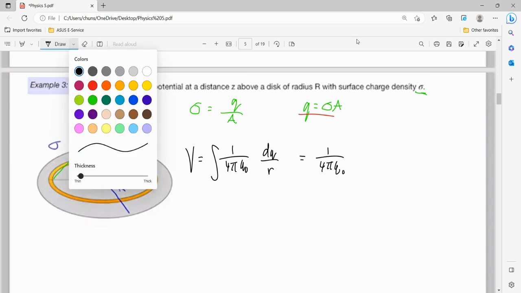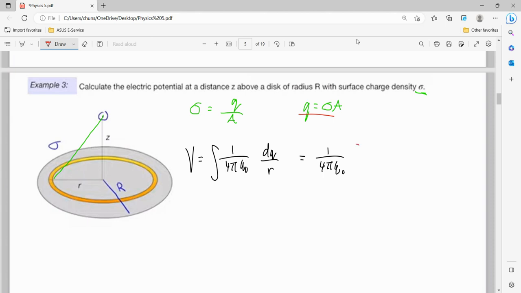And instead of our dq, we are going to be using surface charge density times our difference in area. And this is over our separation distance, which is r squared plus z squared. Oh, and this is still in our integral.